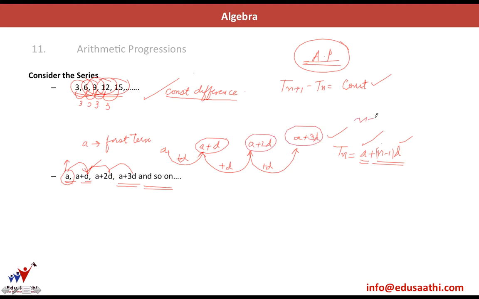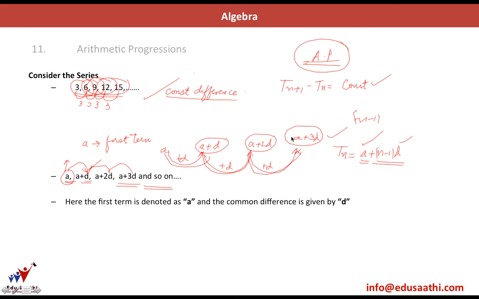So n minus 1 is basically the number of jumps that I am taking to reach the nth term from the first term. Here A denotes the first term and D denotes the common difference, and in general, the nth term is given as A plus n minus 1 into D.